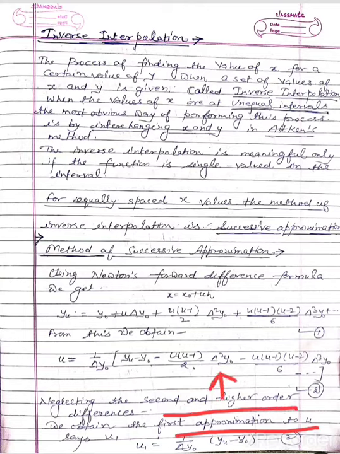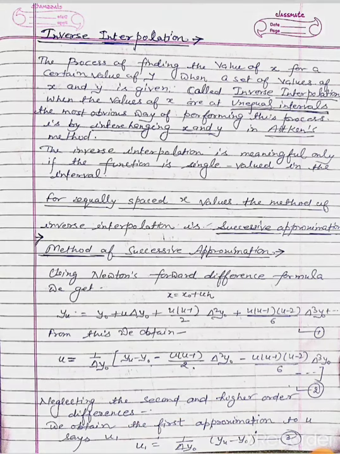The value of u obtained by the first approximation is named u1. So u1 equals 1 over delta y0 multiplied by (yu minus y0), or u1 equals (yu minus y0) over delta y0. This first approximation of u is given by equation 3.